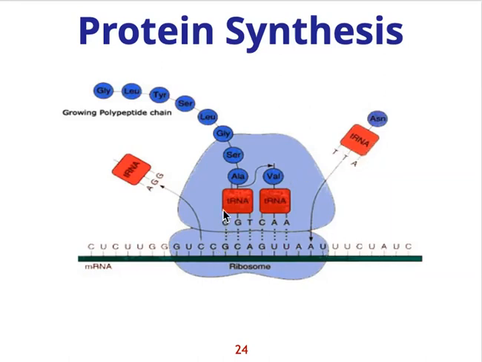It then pulls in the corresponding tRNA. Each tRNA is linked to an amino acid. As the tRNA comes in, it allows the addition of yet another amino acid to this growing polypeptide chain.